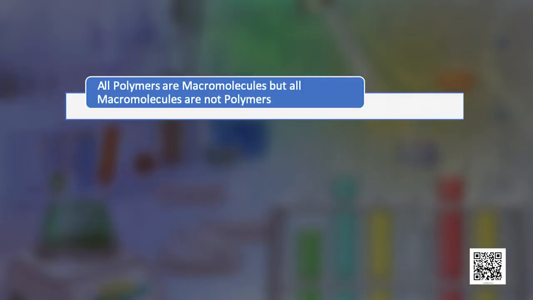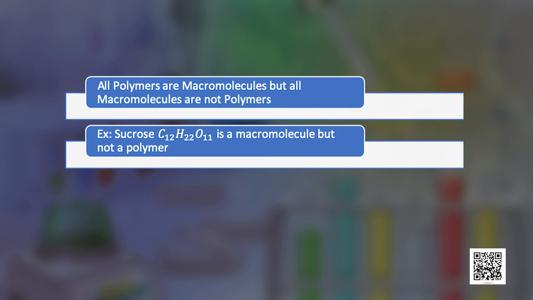Dear learners, while referring to polymers as macromolecules, it must be remembered that all polymers are macromolecules, but all macromolecules are not polymers. For example, sucrose is a macromolecule and its formula, as you all know, is C12H22O11. It is not a polymer.